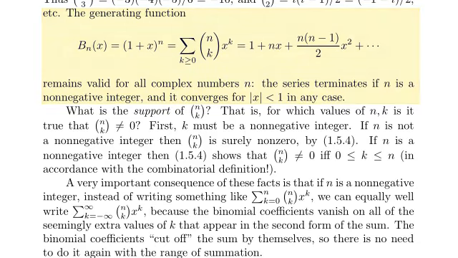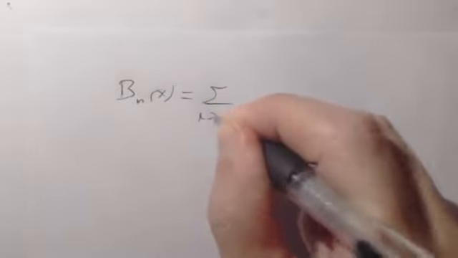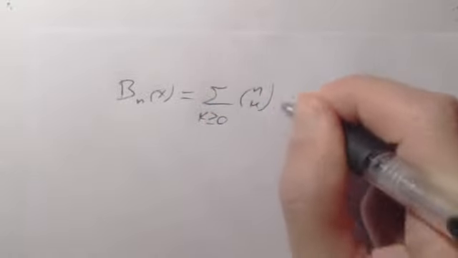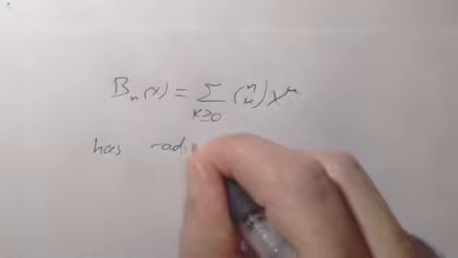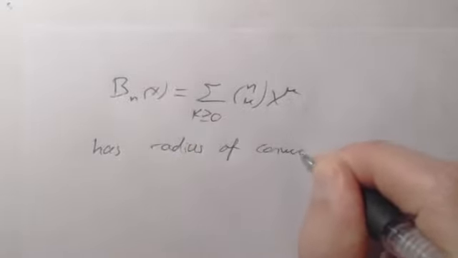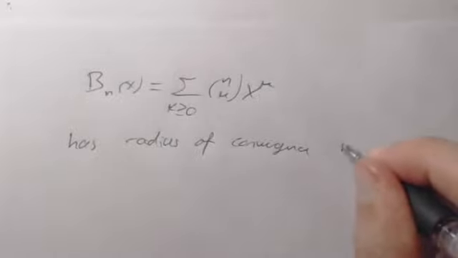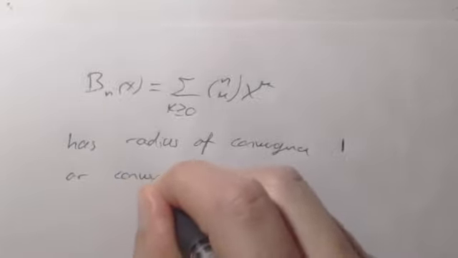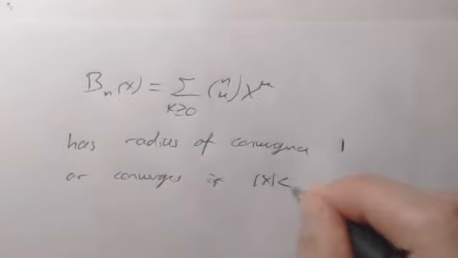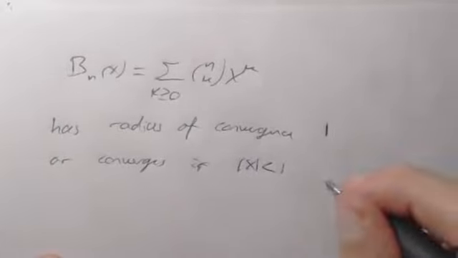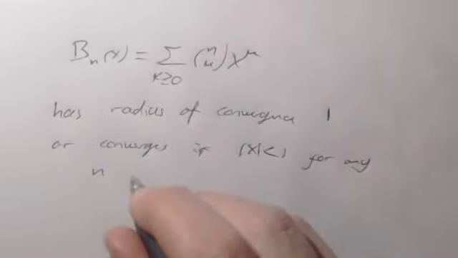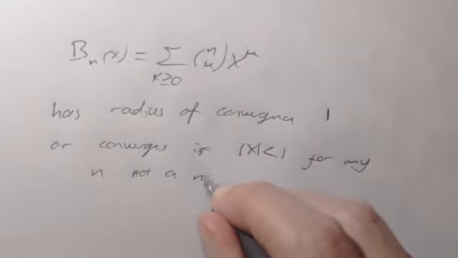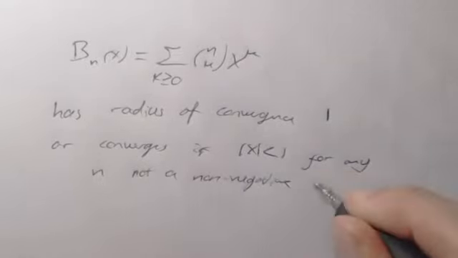It was mentioned in the book that B_n(x), defined as this power series, the sum of n choose k, x to the k, has radius of convergence one, or converges if the absolute value of x is less than 1 for any n not a non-negative integer.